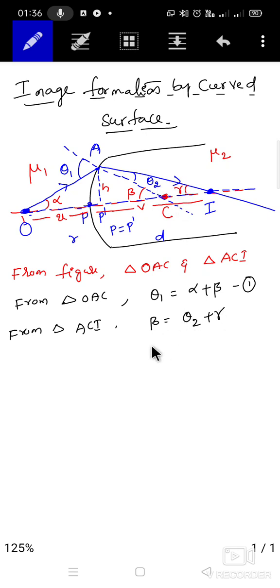From this equation, theta 2 is equal to beta minus gamma. This is equation 2.